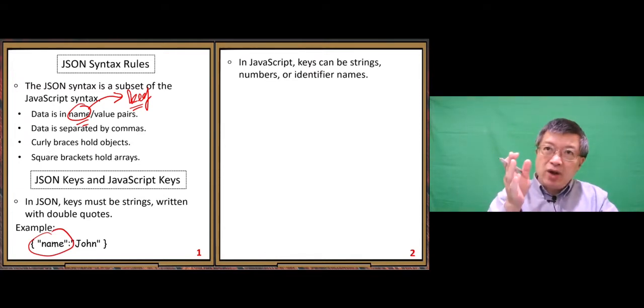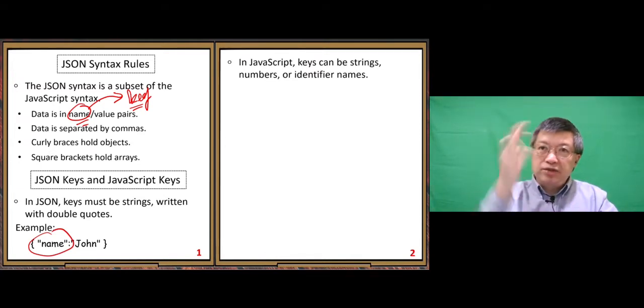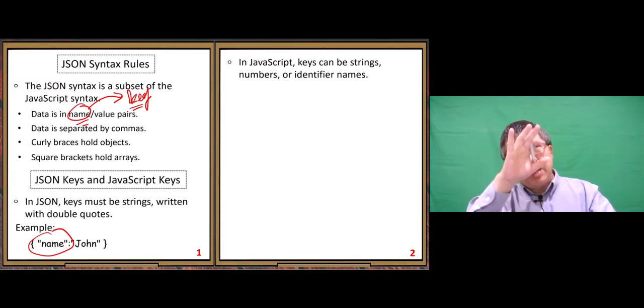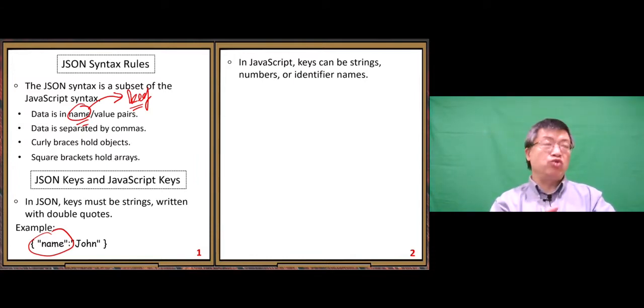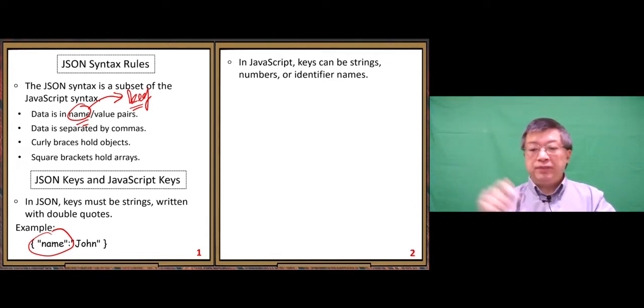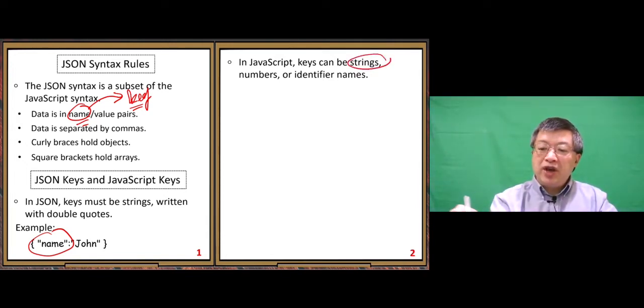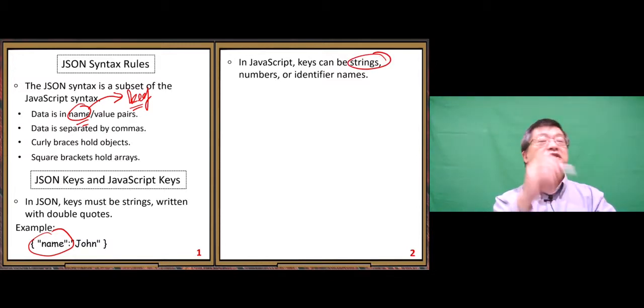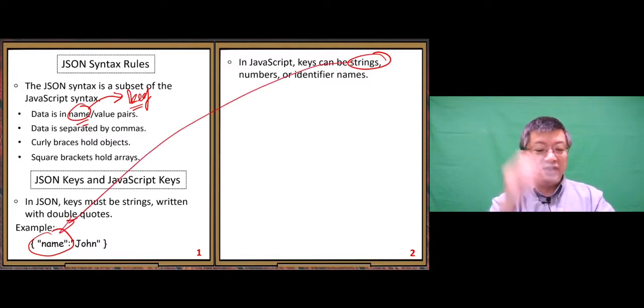But for the JavaScript, it is more flexible. So it covers more cases than this one. It has this case, but it has other cases. Keys can be strings, like this. So the first case, like this.